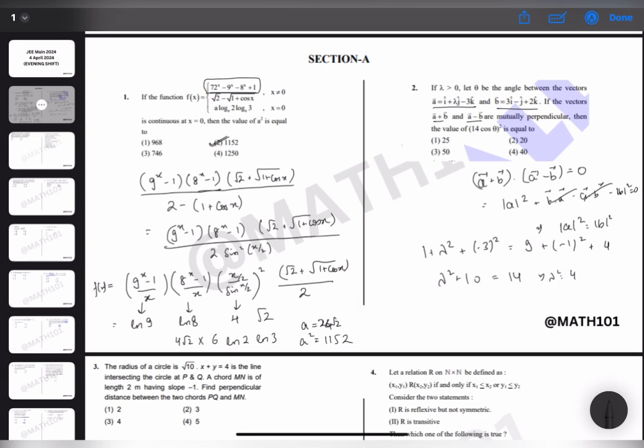We have to find the angle between the vectors. So we know that modulus of A dot B is equal to mod A mod B cos theta, and we are given lambda is greater than 0, which implies lambda is equal to 2.